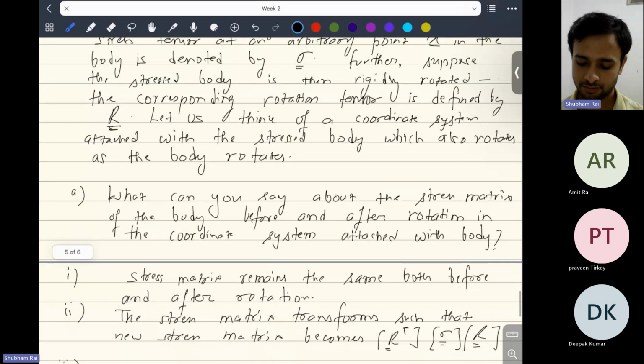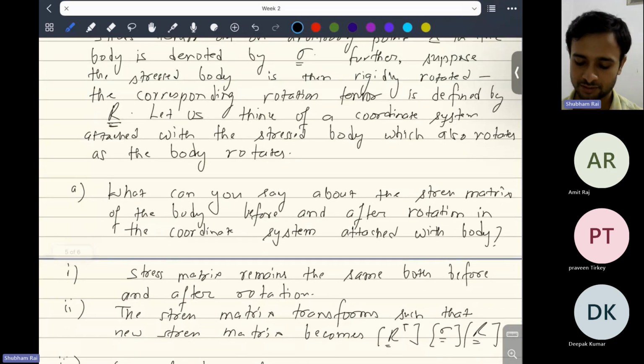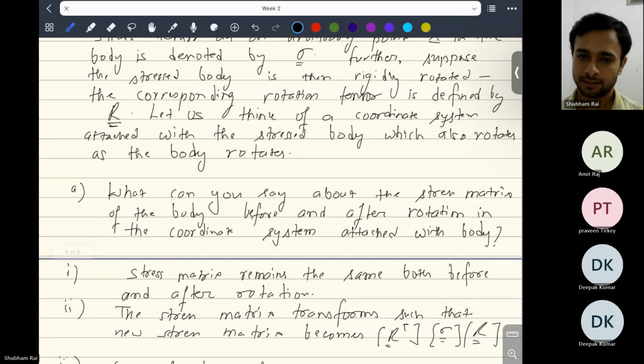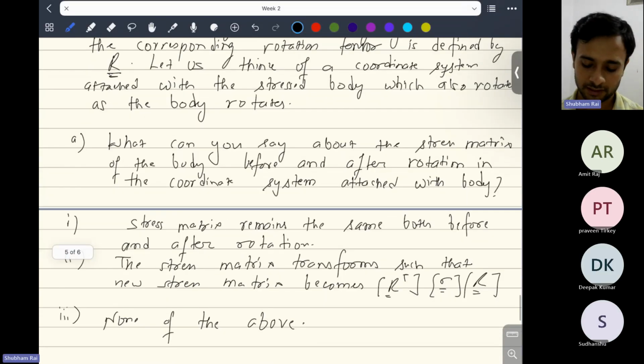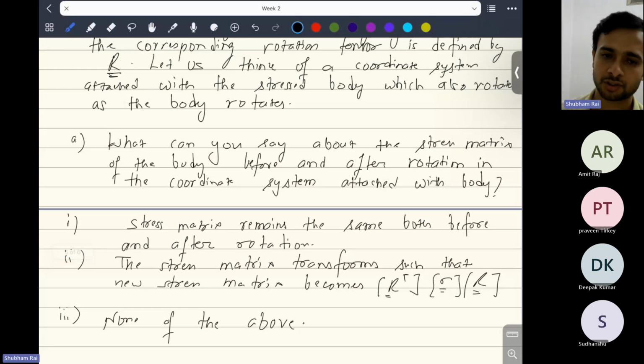So you have to tell me, what can you say about the stress matrix of the body before and after the rotation in the coordinate system attached with the body? Okay. So what will be the correct answer? Stress matrix remains the same. I mean, will the representation of stress remain the same, or will the representation change and be denoted by R transpose sigma R, or none of the above? You can tell me.